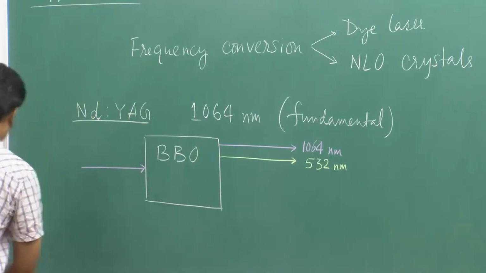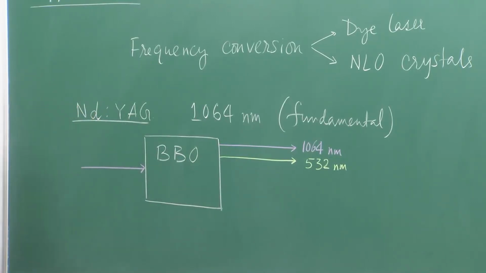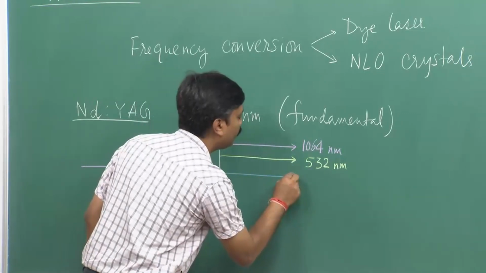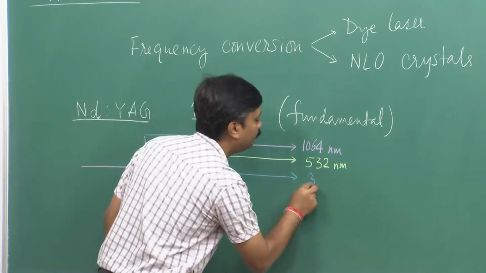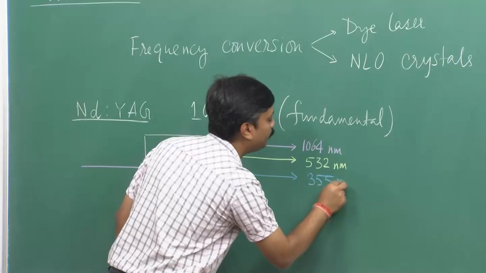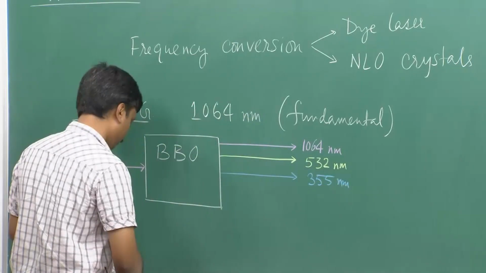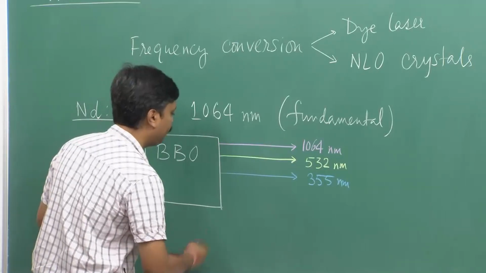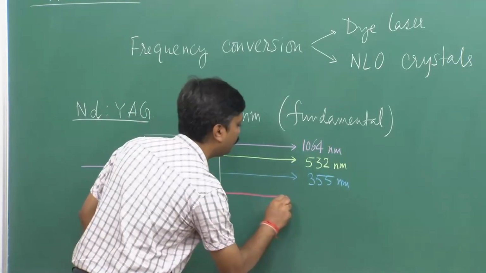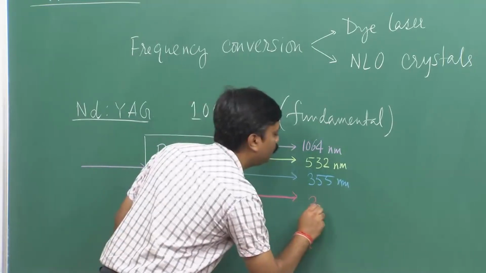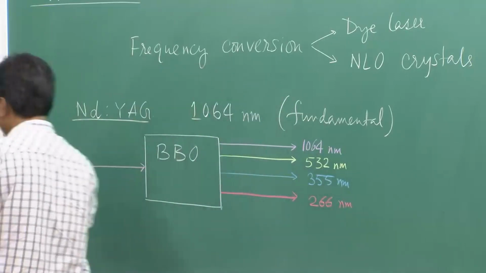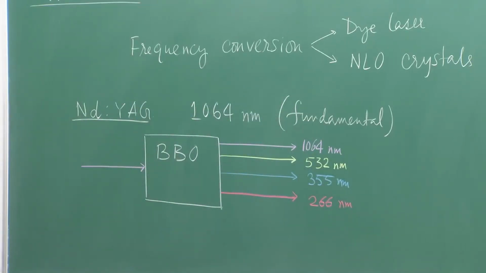Then there was light at 355 nanometer, and also some light at 266 nanometer.